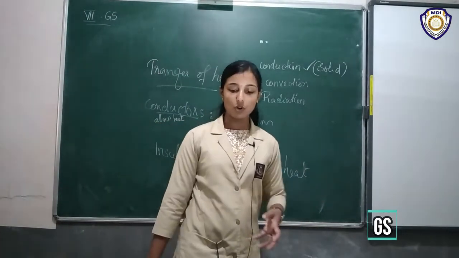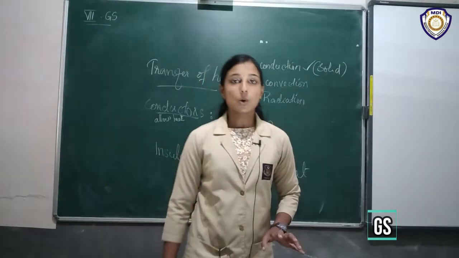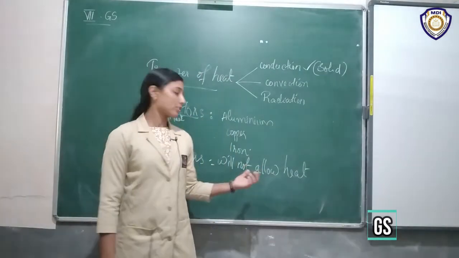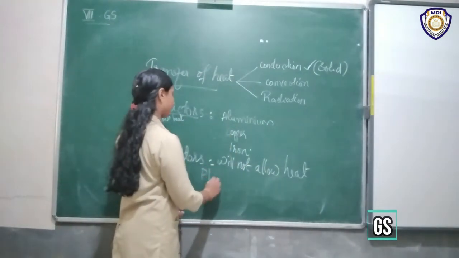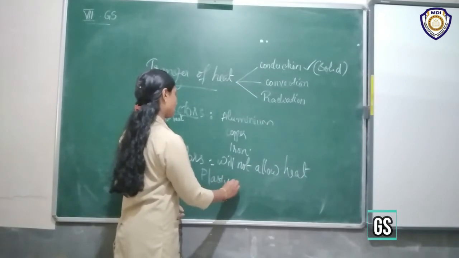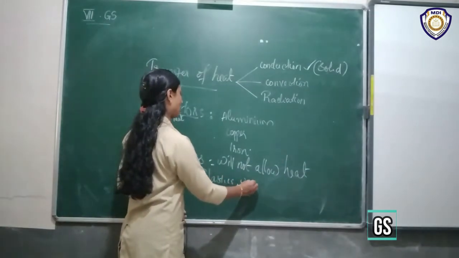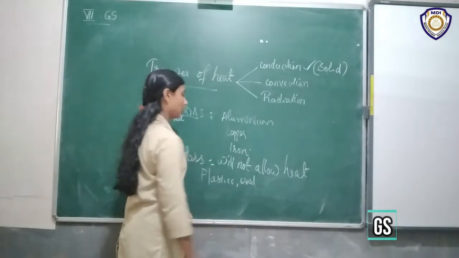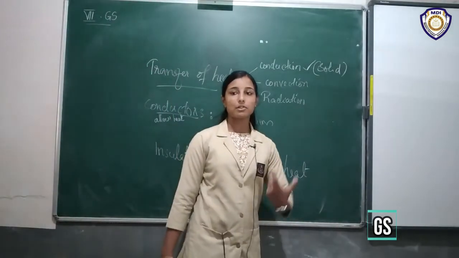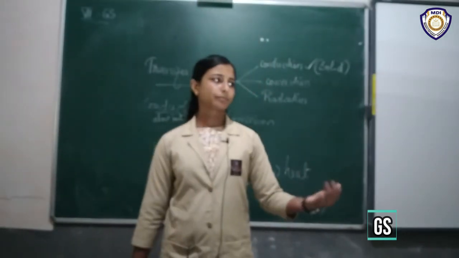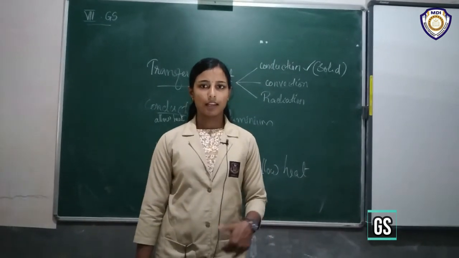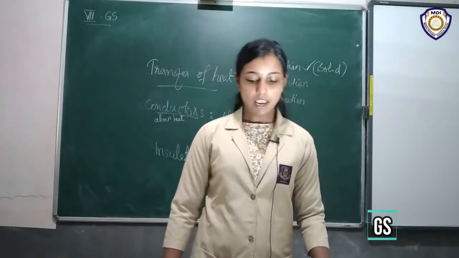So what are the examples of insulators? Yeah, plastic, wood and sand, like that. Okay, so these are examples of insulators.